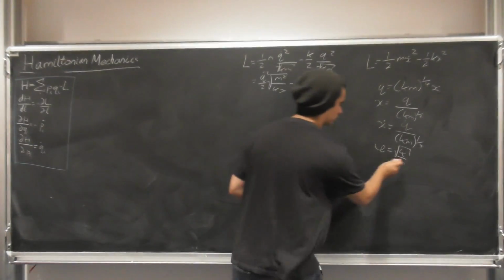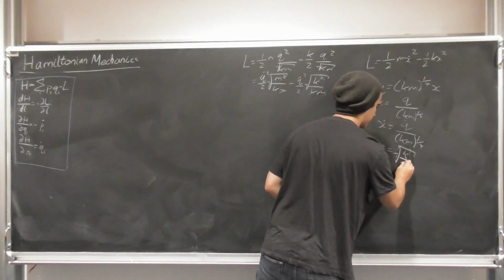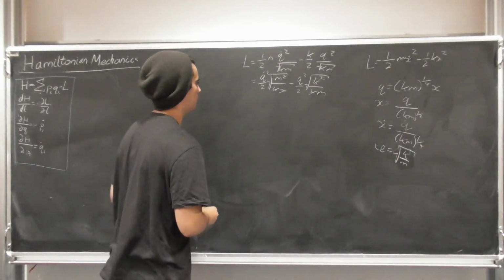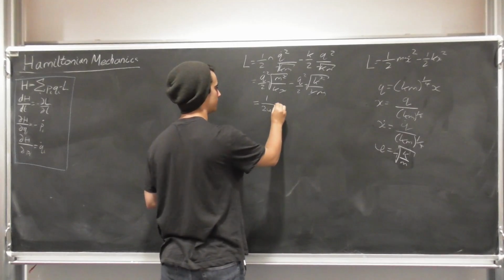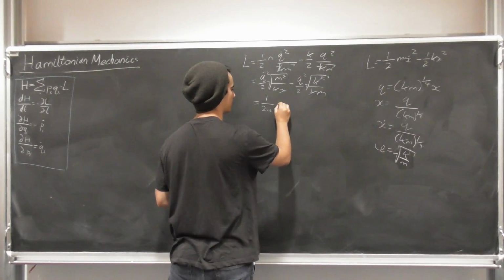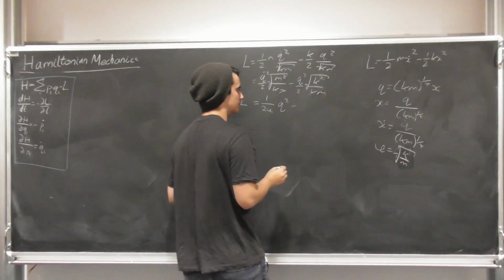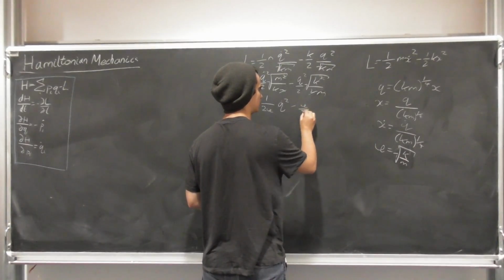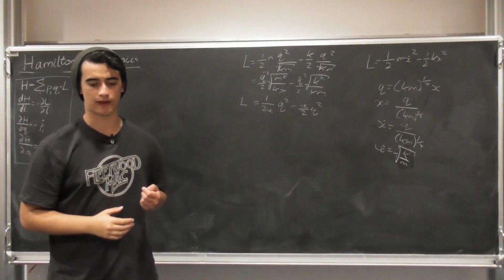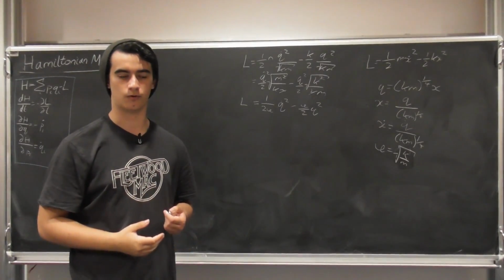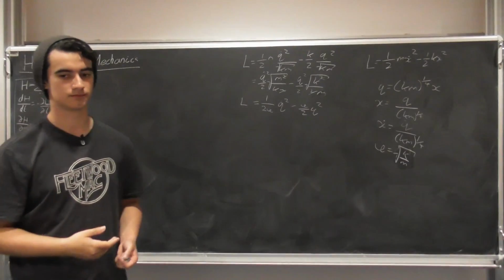And using our definition of omega here, the square root of k over m, we can say that this is therefore 1 over 2 omega times q dot squared, our Lagrangian, minus omega over 2 q squared. Okay, now we have an idea of our Lagrangian in terms of q now.